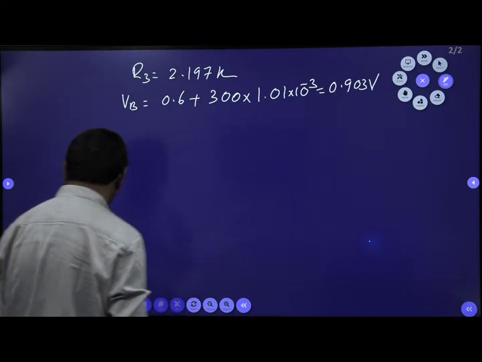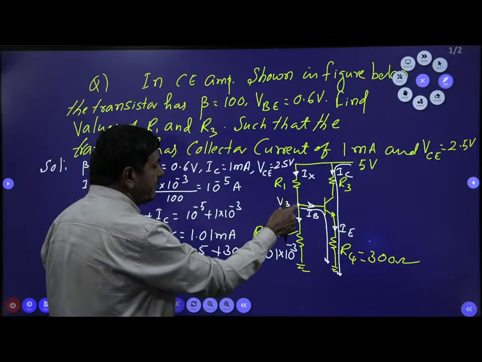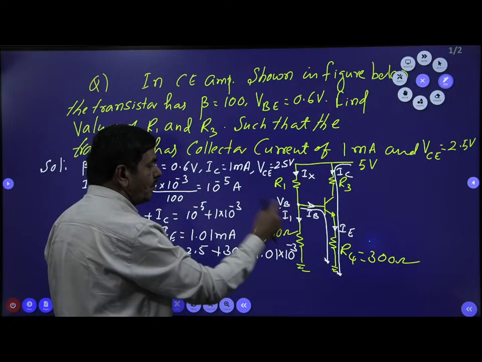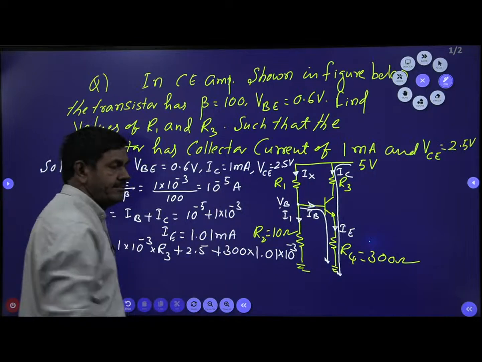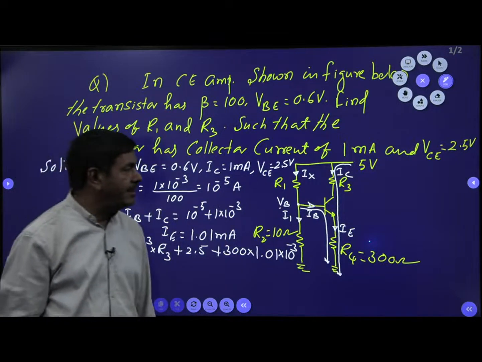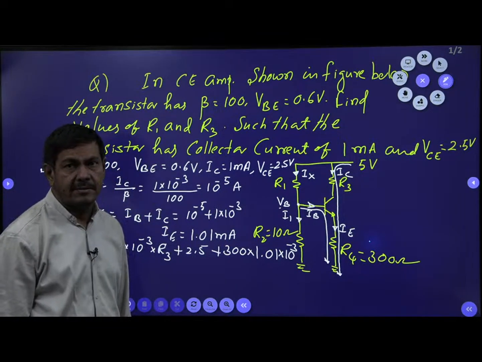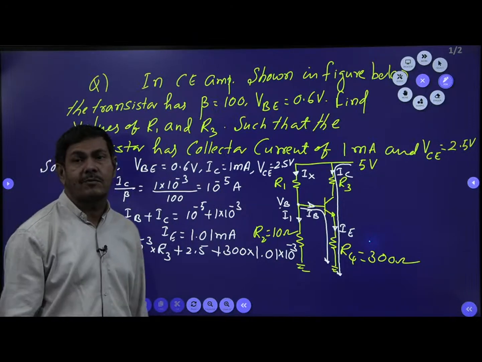To find two parameters. Once you know the VB value, you can determine I1. Why is I1 required? I can get Ix only if I know I1 and IB. Without knowing I1, I can't get Ix. If I get Ix, I can determine the R1 value.